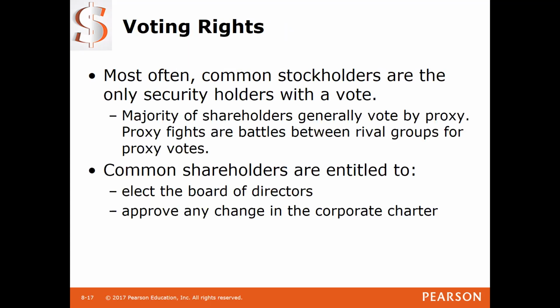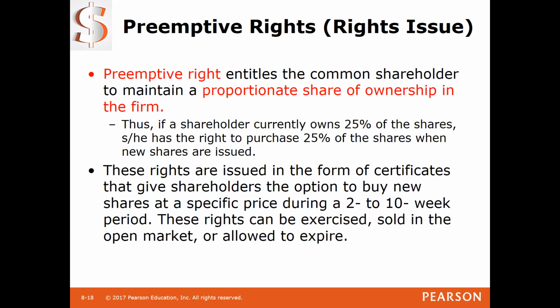Owners of common stock are also entitled to something called a rights issue. The proper term for that is preemptive rights. Now, the preemptive right entitles the shareholder to maintain a proportionate share of ownership in the firm. So say, for example, we own 25% of all the shares of a particular company.